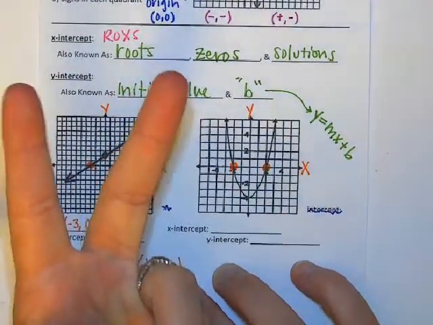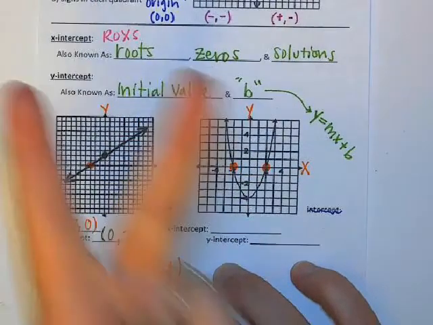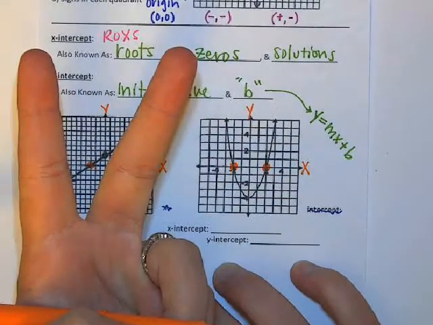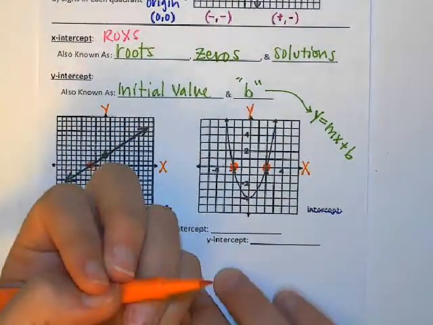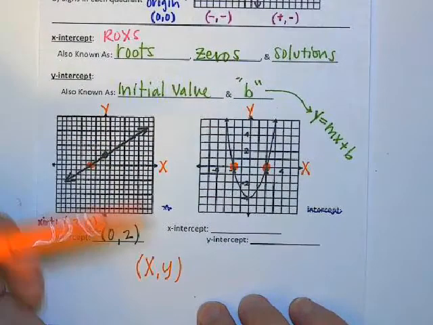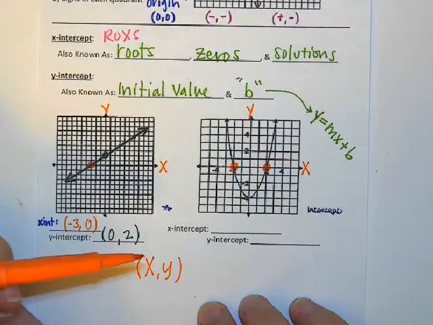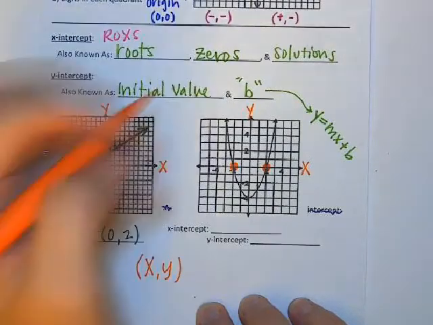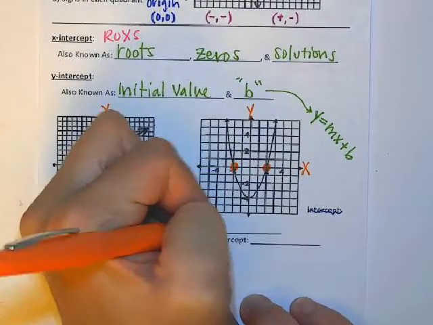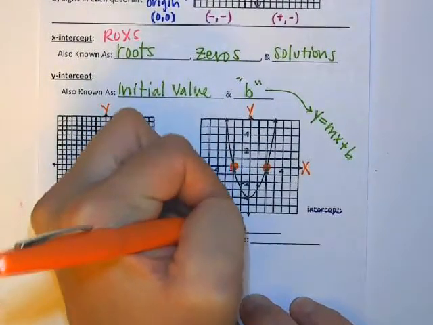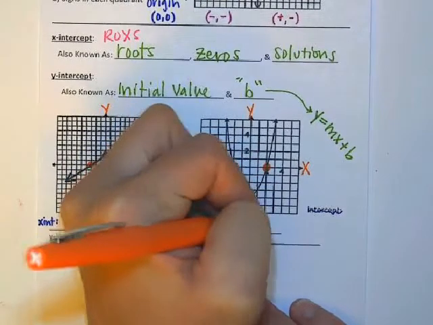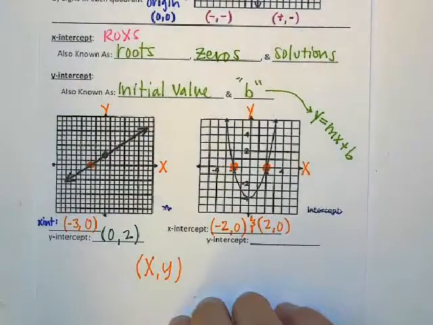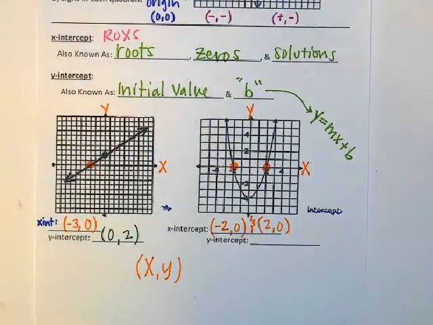So how many sets of parentheses am I going to have? 2. Two dots, 2 sets of parentheses. I'm talking about the x-axis, so my numbers are going to go in the x spot. My first one is negative 2, 0, and positive 2, 0. That's a lot. You can do it.